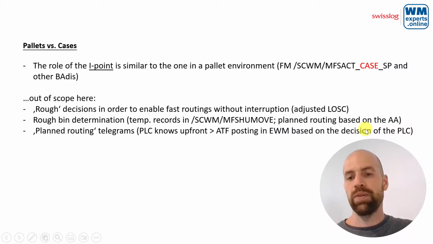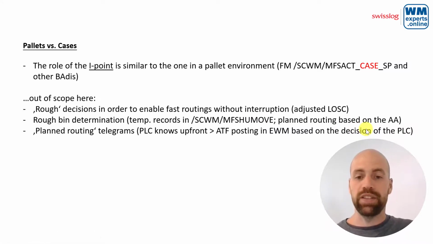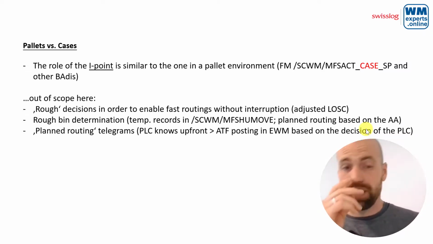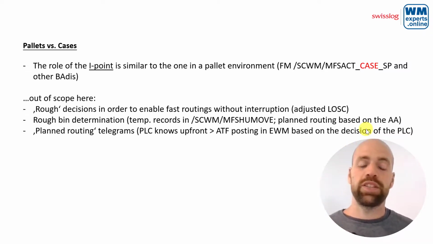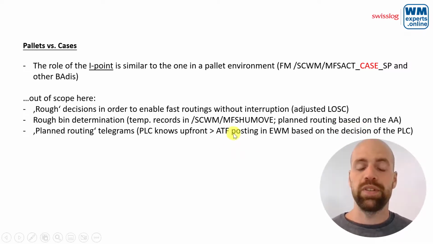So where we have routing of the activity area of the destination bin, of the rough destination bin, and also planned routing telegrams. And based on these planned routing telegrams, the PLC makes a decision at the I point. So we have an after-the-fact posting in EWM based on the decision of the PLC.